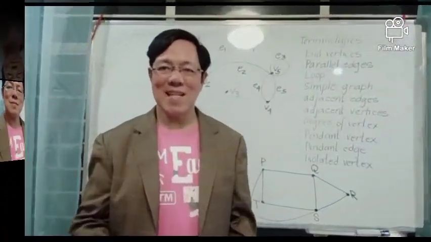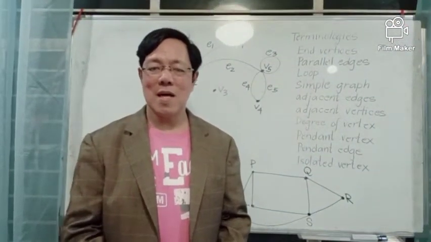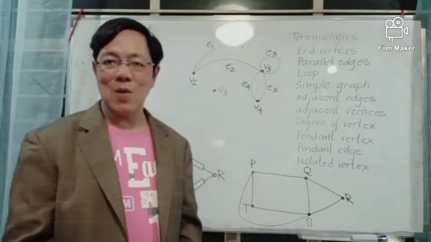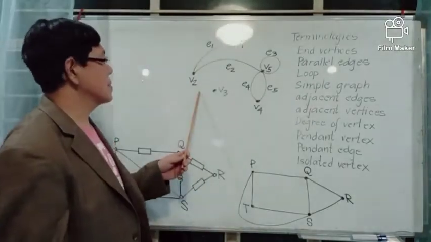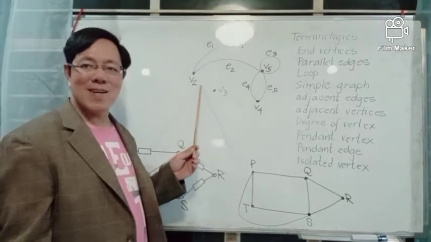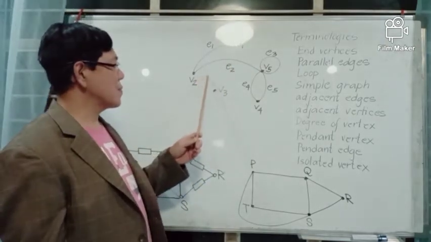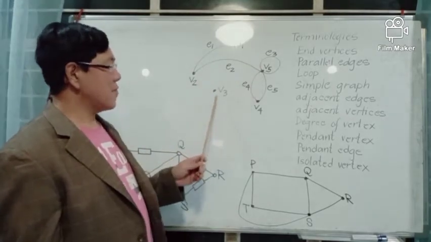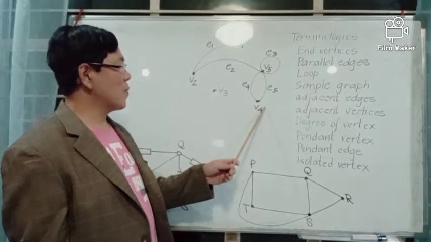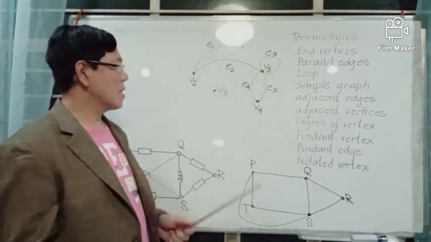For better understanding of the terminologies that we have, consider the following graph. This graph consists of vertices V1, V2, V3, V4, and V5.